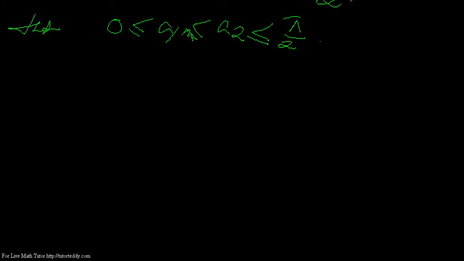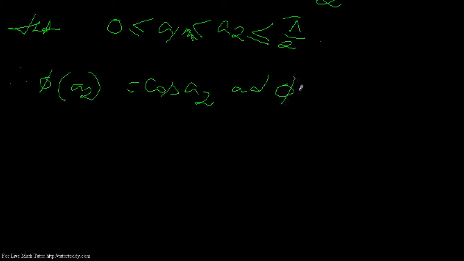Okay, now we will find out what is phi of a2. So phi of a2 is what? Cos of a2, cos a2, and phi of a1 is what? Cos a1. So then we can find out their difference.